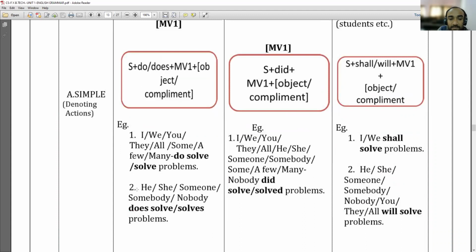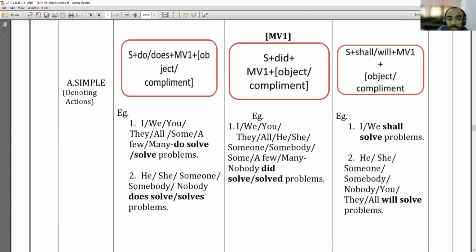The example is I do solve problems. Here when we have to use the verb in the present form, generally we omit this auxiliary verb, that is do.